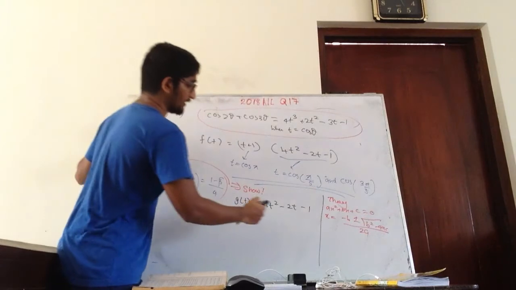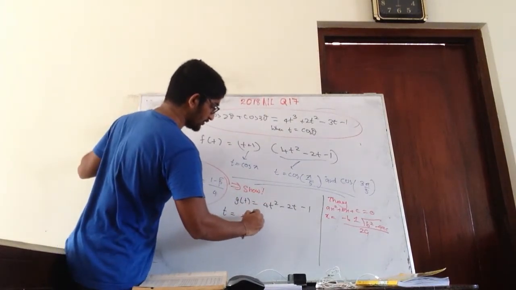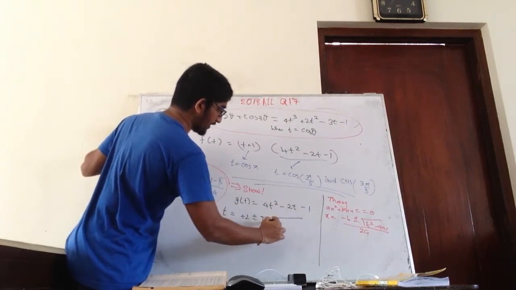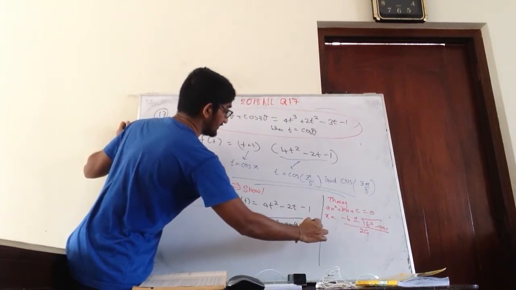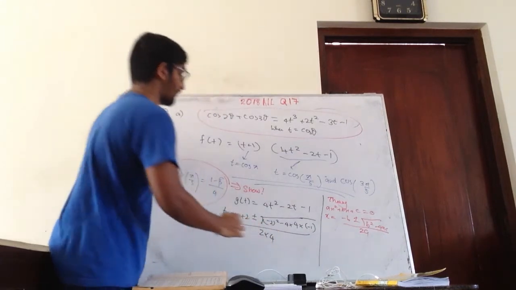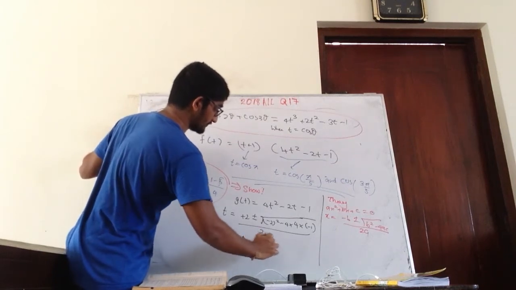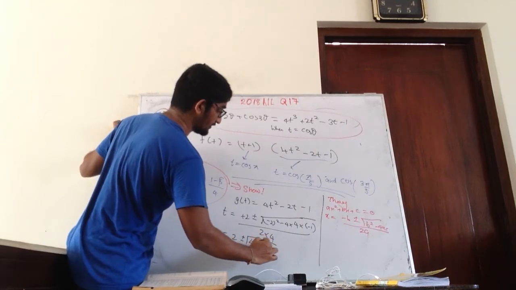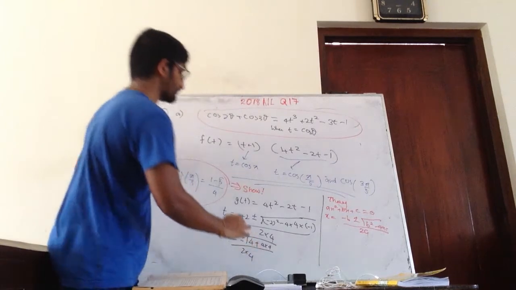So minus b is going to be plus 2 plus or minus square root of minus 2 squared minus 4ac over 2 times a, that means 4. So here you will get 2 plus or minus square root of 4 plus 4 into 4. Then you will get 2 times 4.